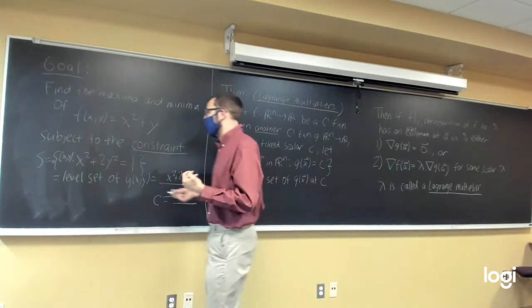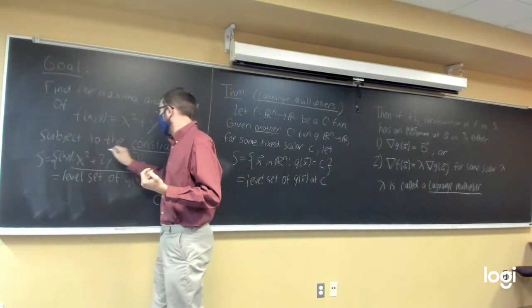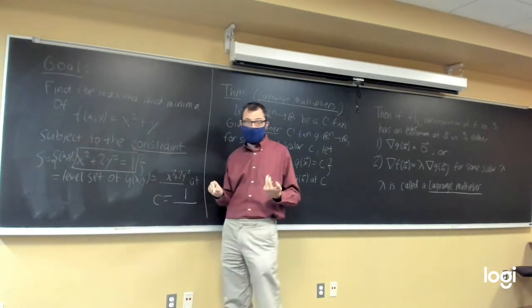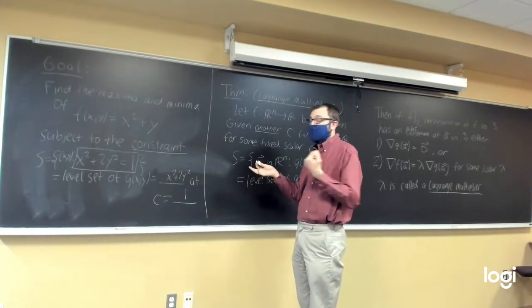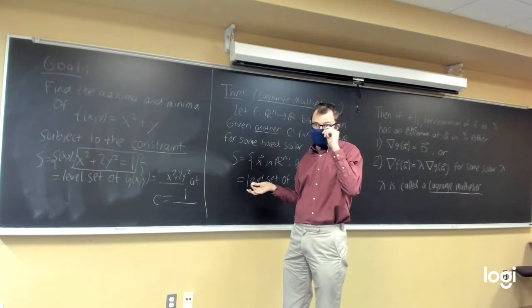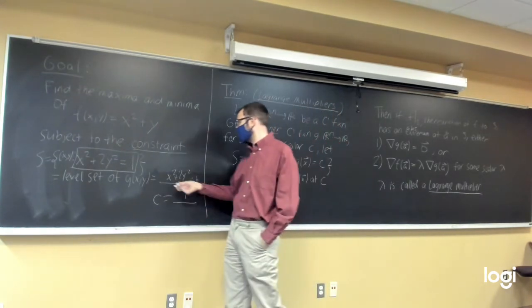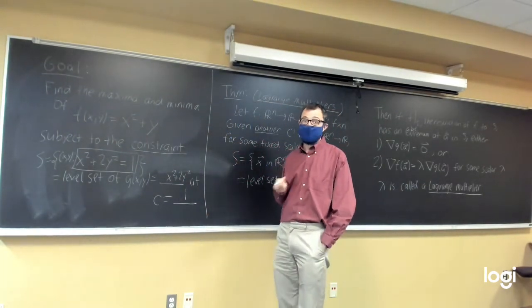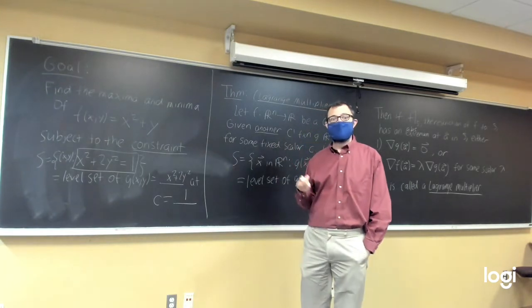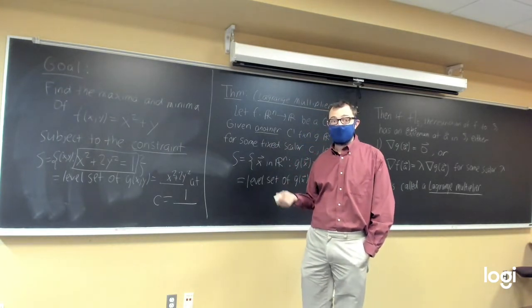So we've taken our constraint equation, x squared plus 2y squared is equal to 1, and we've made it into the level set of some function. We said it's the level set of g of xy equals x squared plus 2y squared taken at c equals 1. Very good, Soren.